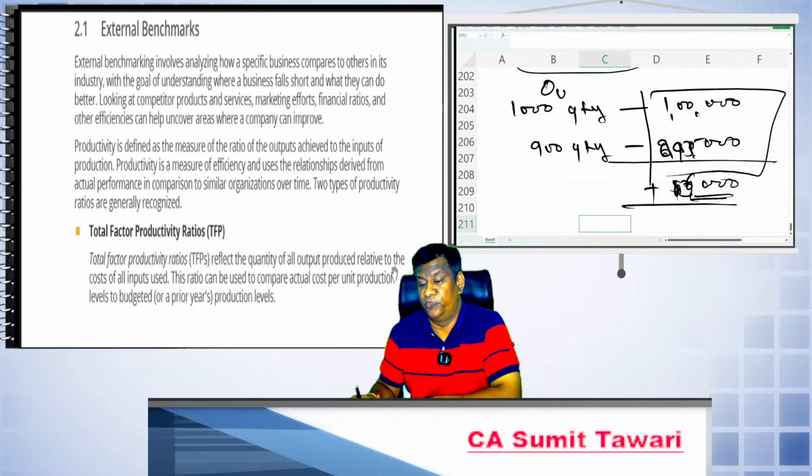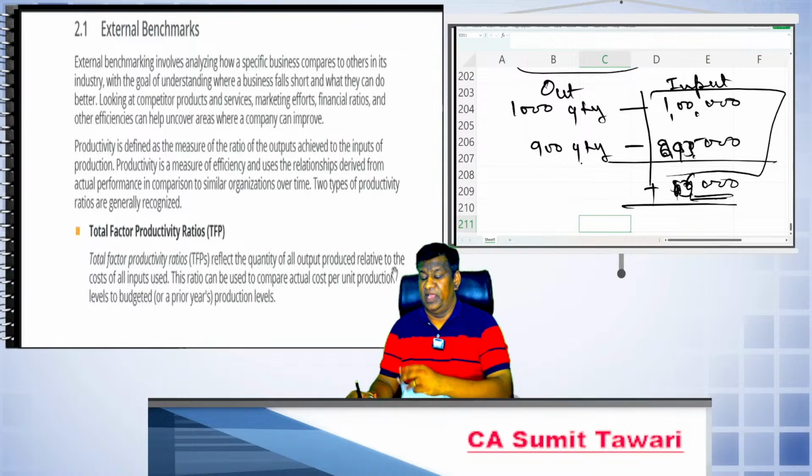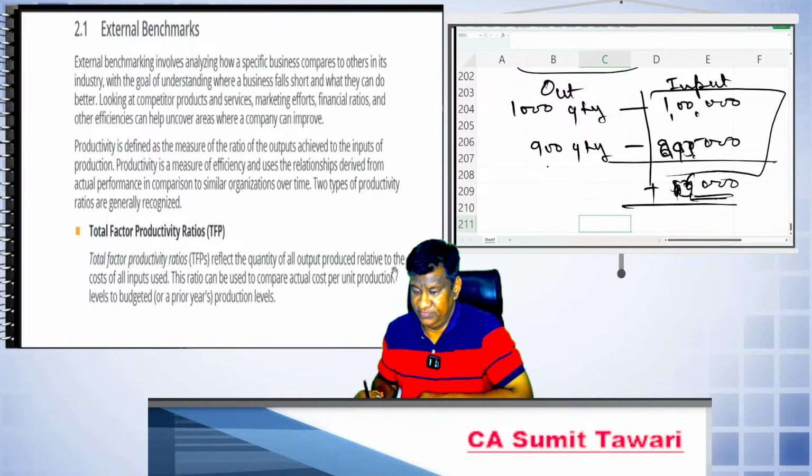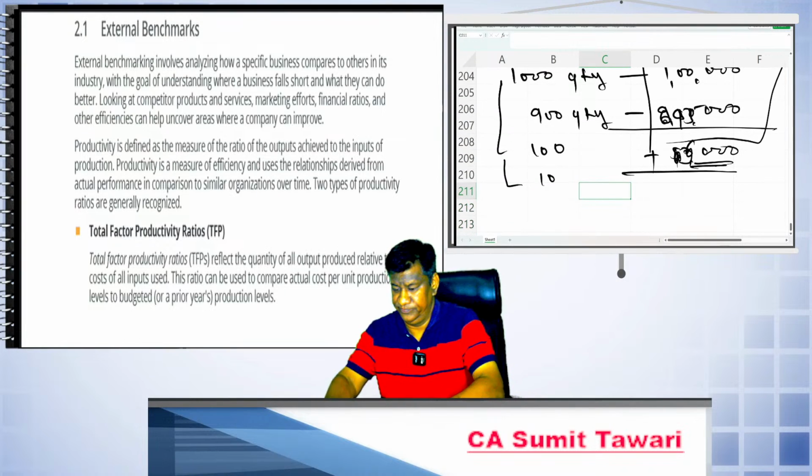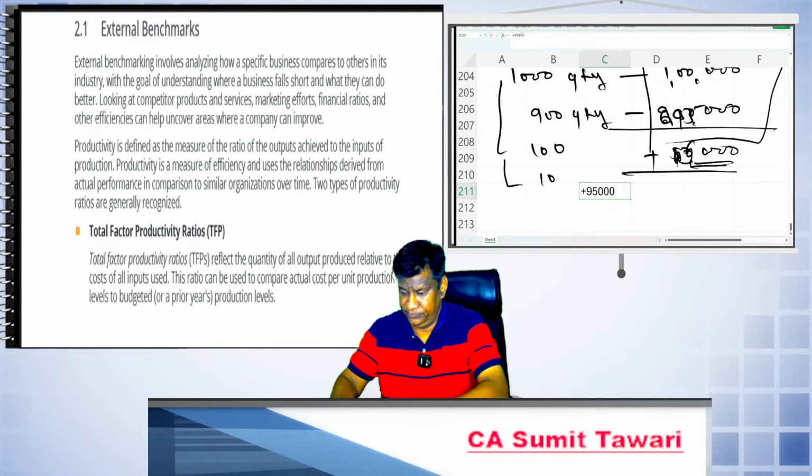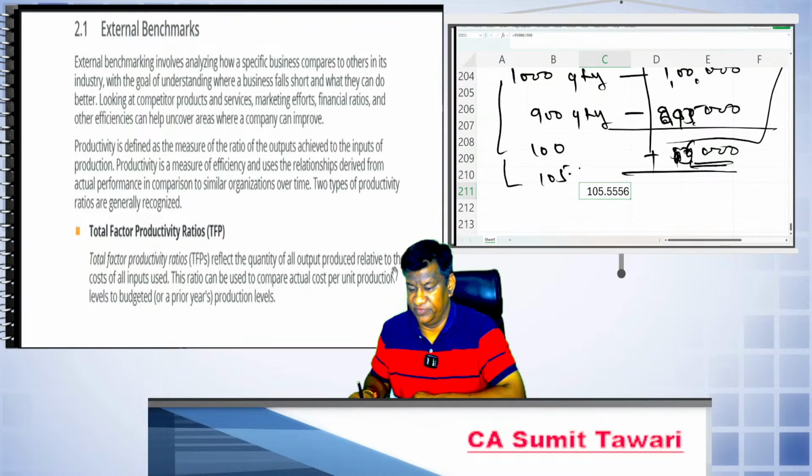Because the output and input ratio, if you compare, have you calculated? Sir, I just thought of it as an average. So 100, I think. So it is 105.55.